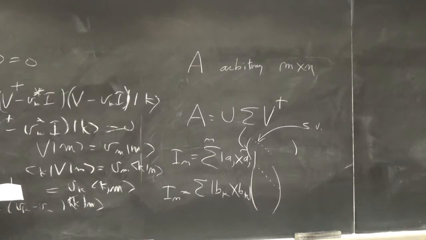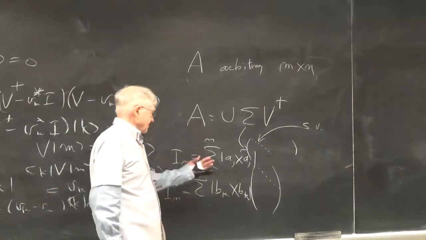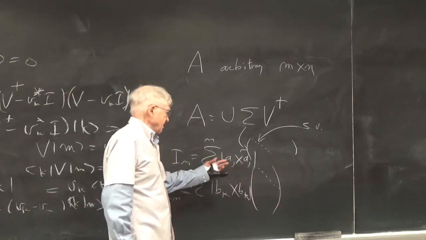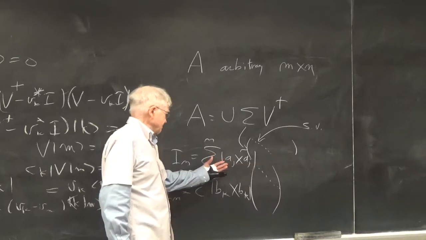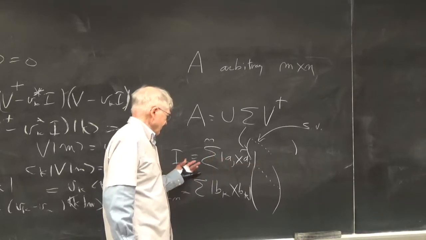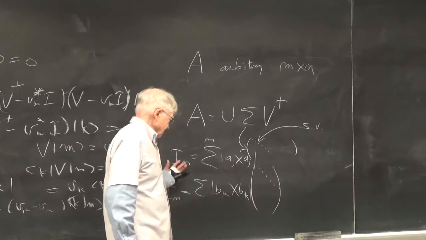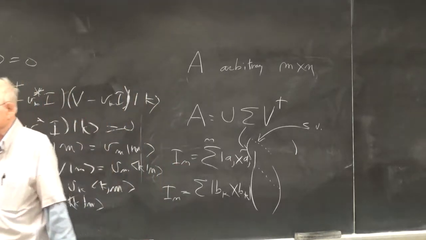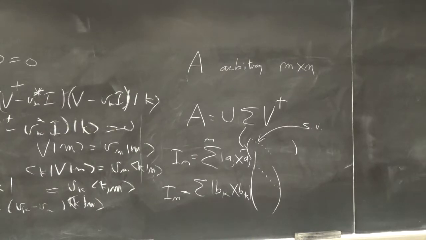And there are, of course, an infinite number of different bases for the n-dimensional vector space, and the same thing for the m-dimensional vector space. And so the trick with the singular value decomposition is to choose the basis vectors for I sub n and I sub m in a clever way.